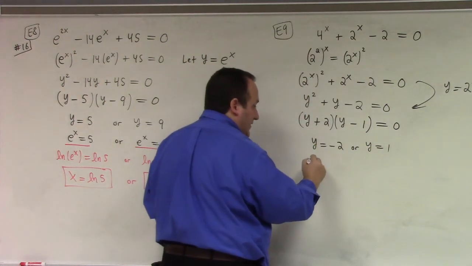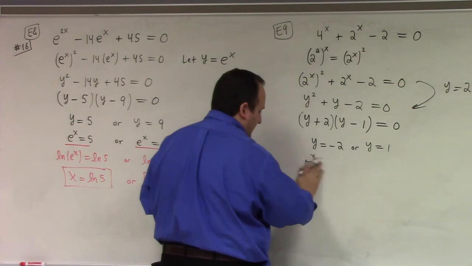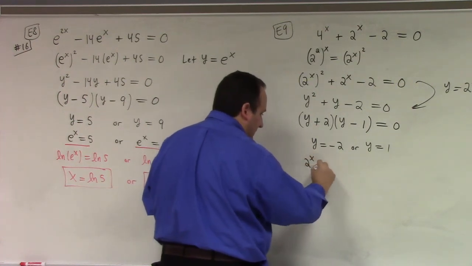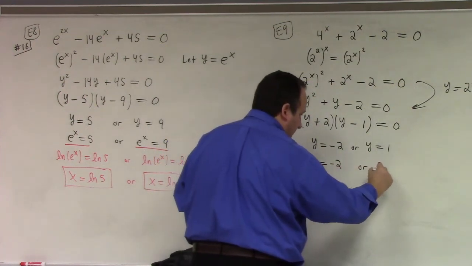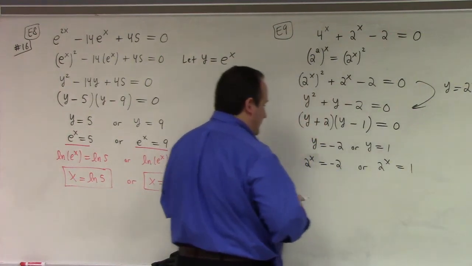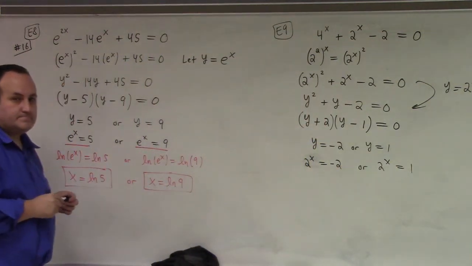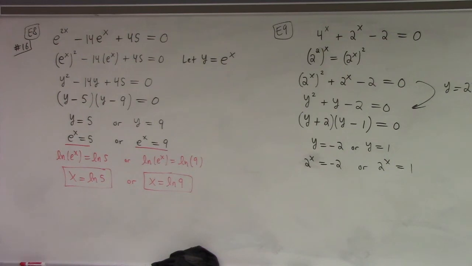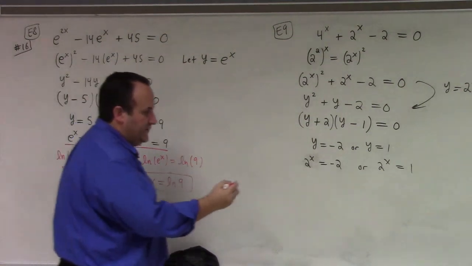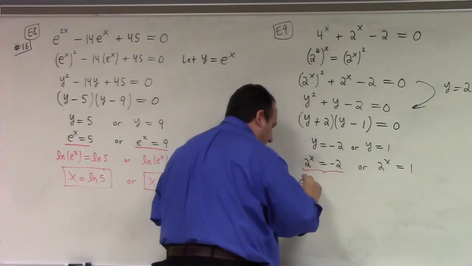Which means that we're solving 2 to the x equal to minus 2, or 2 to the x equal to 1. So in contrast to example 8, this one only has one solution, right? Because this one right here, no solution.